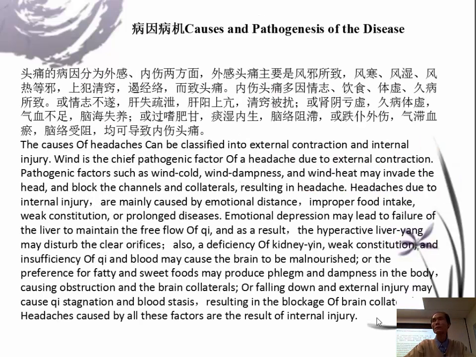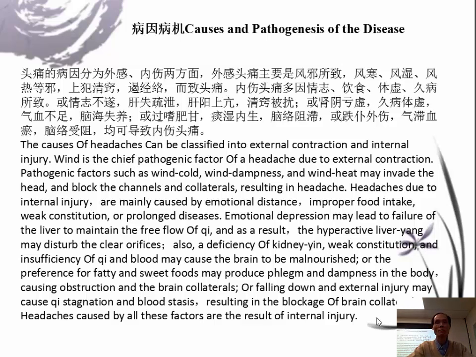In each chapter we usually deal with the introduction first, and then we talk about etiology, meaning the cause of disease, and then pathogenesis. Here, headache can be caused by exterior symptoms and internal injury.